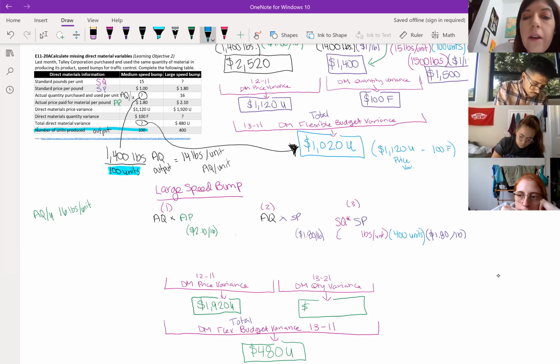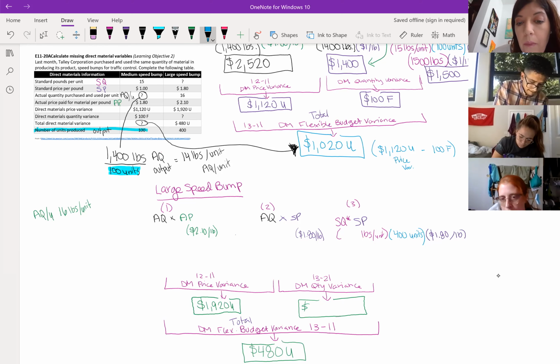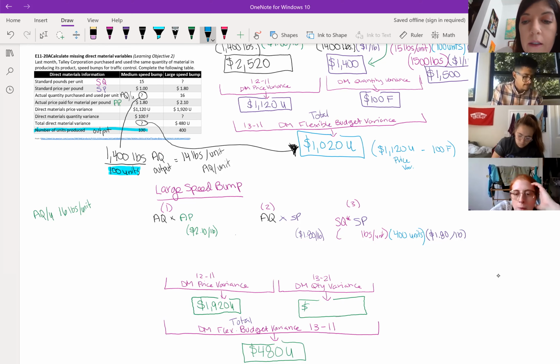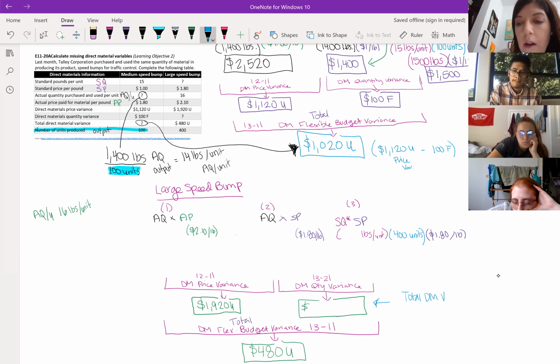So let's first calculate our quantity variance. I think that's going to help. And since we have a total direct materials variance, 480 unfavorable, that means that we must have had a favorable variance here.